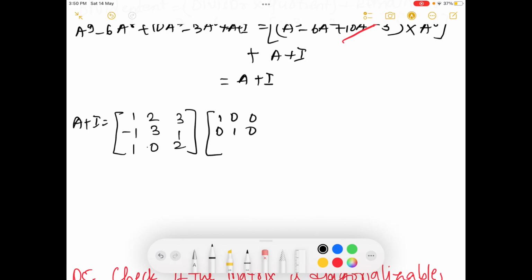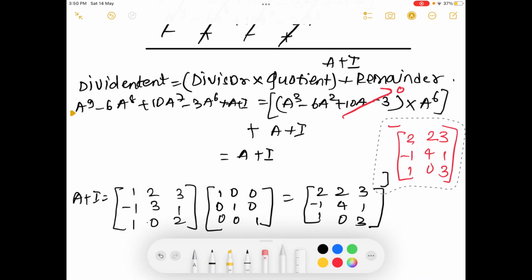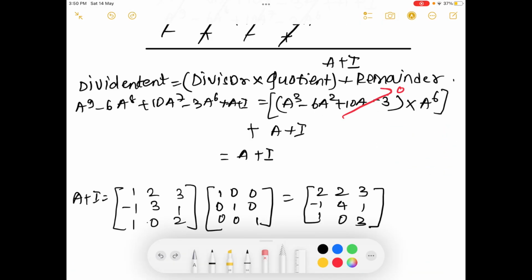So we'll have the value as 2 2 3, minus 1 4 1, 1 0 and 3. So now I'll just check if this is the solution. Yeah, that is this. So this is one of the main applications of our Cayley-Hamilton's theorem.